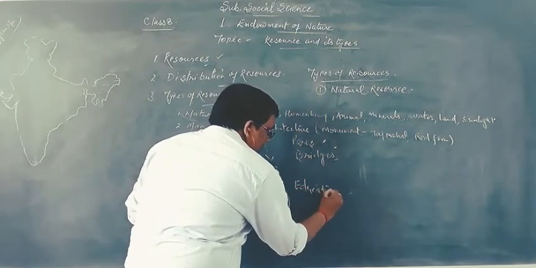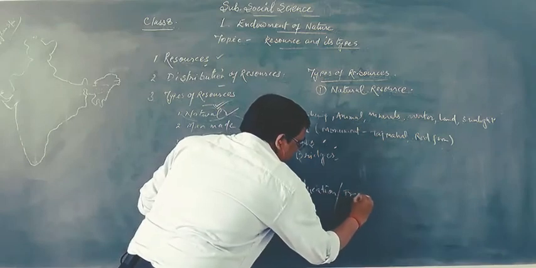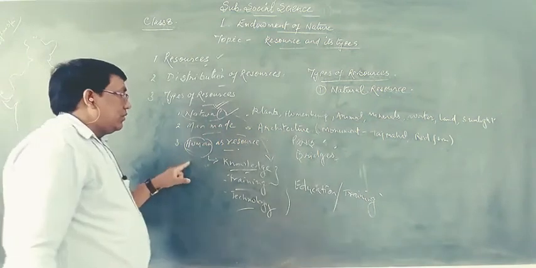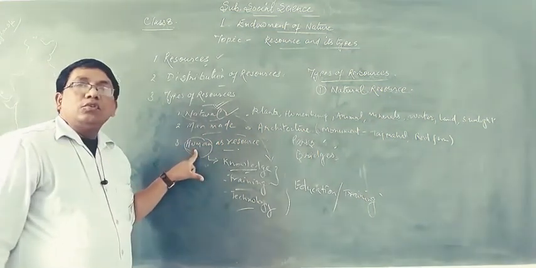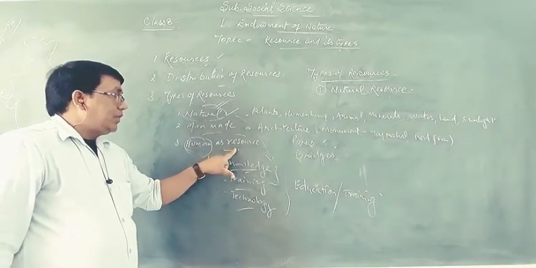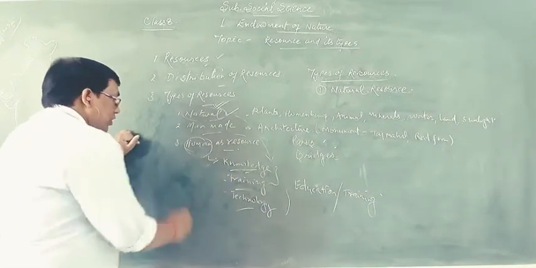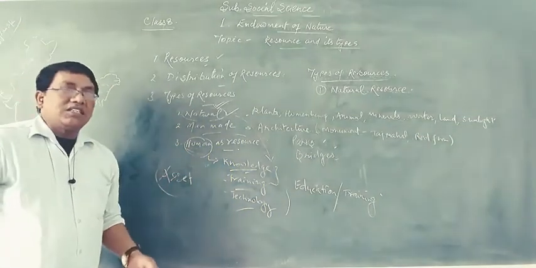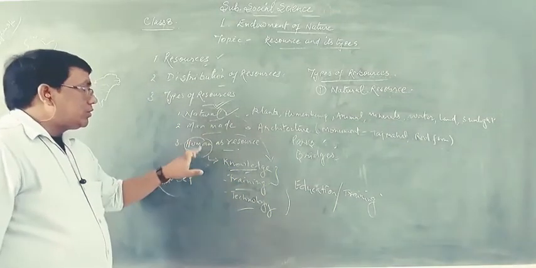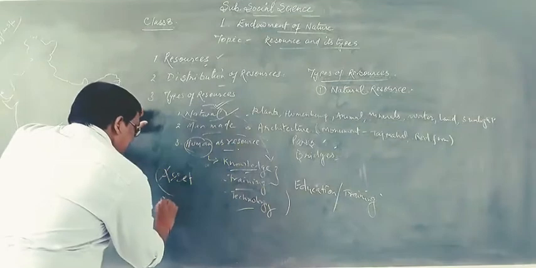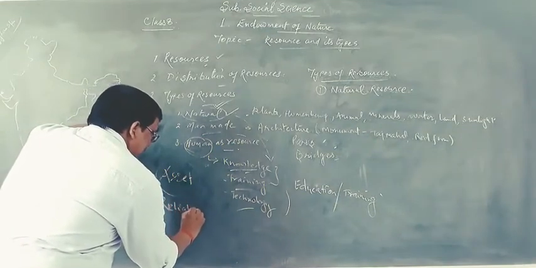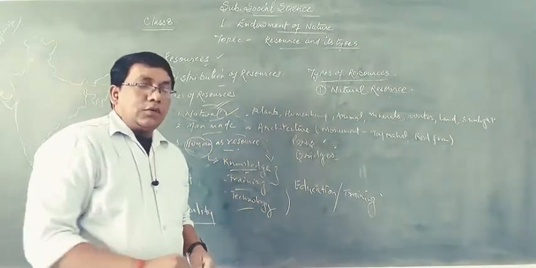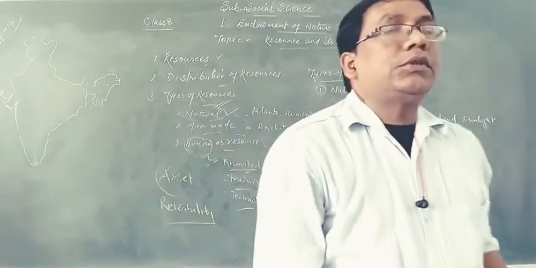Education is the necessary factor to become a resource, and only a human resource can work as an asset. Others who are not resources are liabilities for the country. They are dependent on other people.